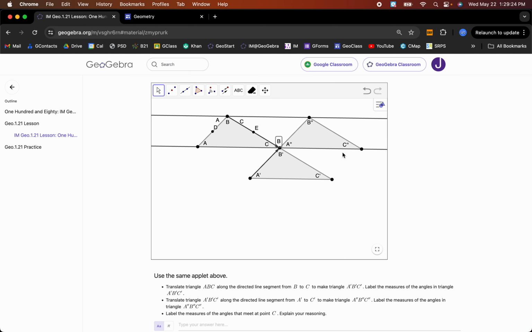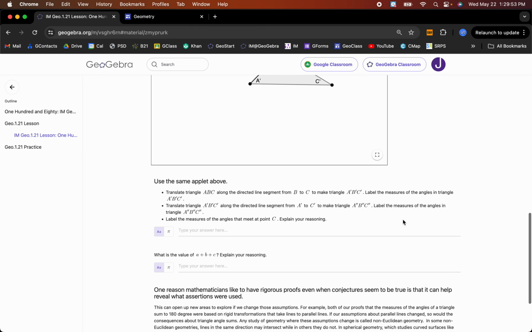And once again, if we look at this line that goes along this part here from A to C and C prime, don't I have angle A prime, or angle A, the same thing as over here, angle B, which is the same as down here, and angle C, which is my original angle C. Ta-da! Those three are also going to add up to 180 degrees. Well, there you go. There's the answer to that one.